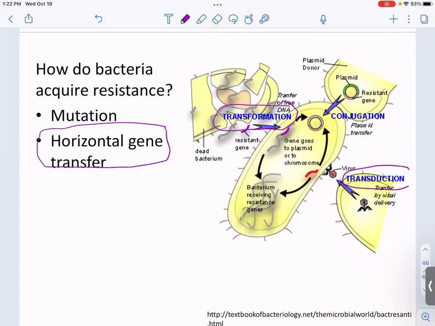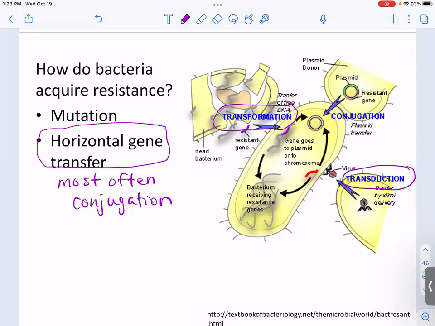There's transduction, where a virus would accidentally, or we can make viruses do this on purpose, actually, take some of one cell's host DNA and then infect another cell. And if it's a lysogenic virus, DNA from one bacteria cell could actually incorporate into another bacteria cell. But we think most often that conjugation is the way that resistance plasmids are passed.